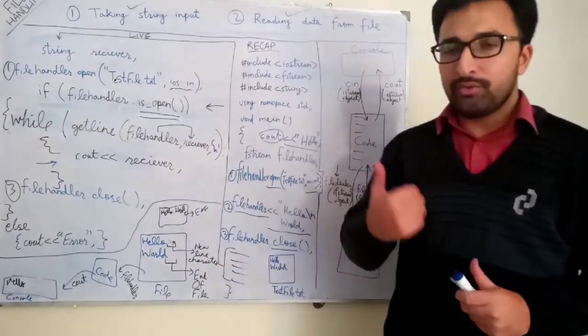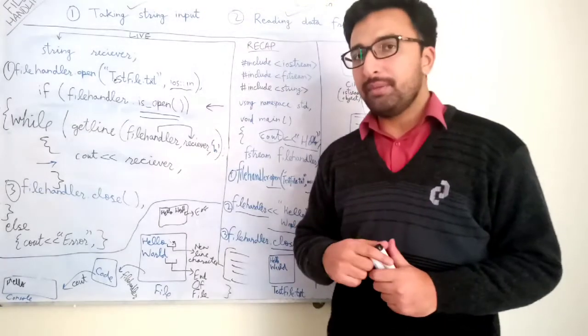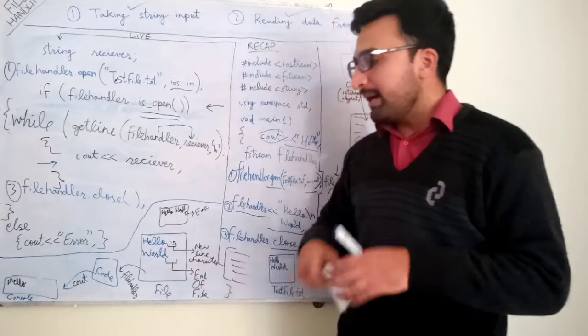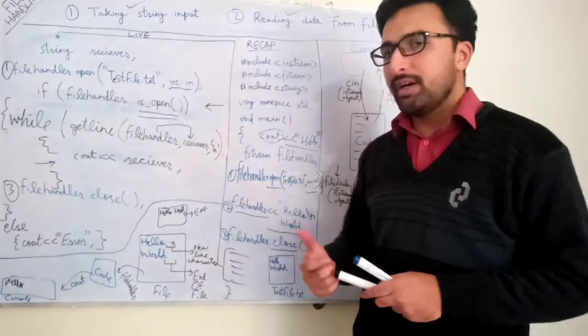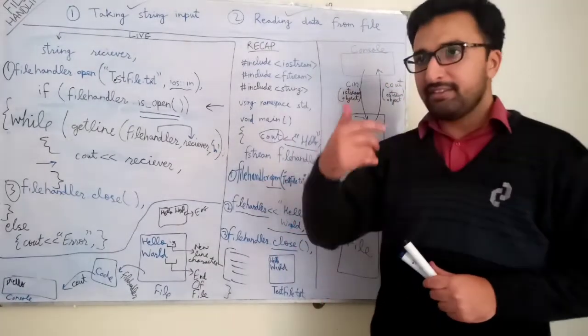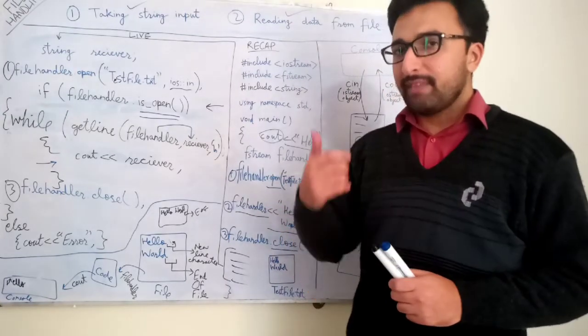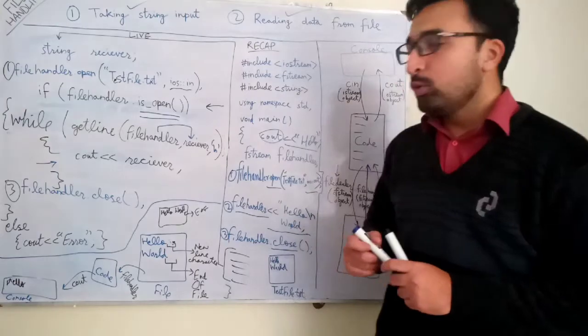So what do we need to do to tackle that problem? Basically we need to do the same thing with the data that is coming afterwards. That technically means that we need to employ a loop here.